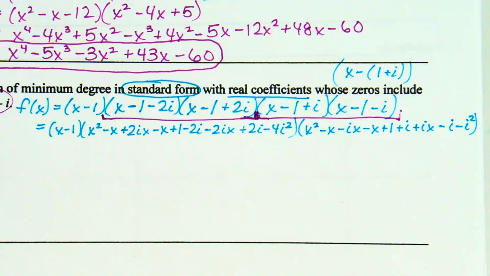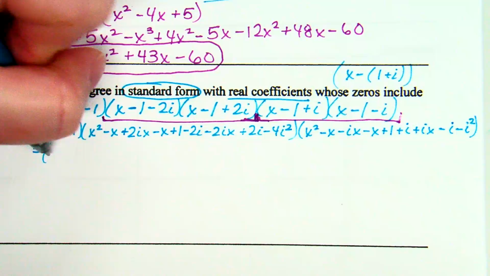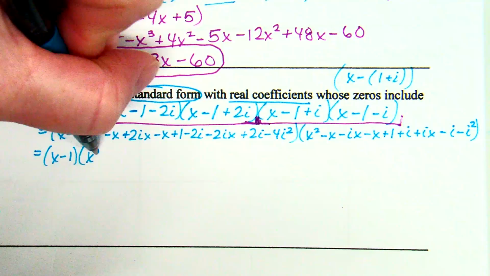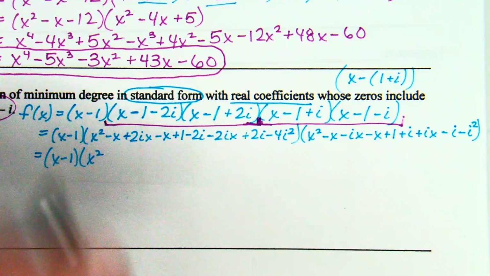Do some cleanup. My x minus 1, I'm just going to carry down. Okay, let's see. X squared should stay x squared. What do you see here? Minus x, minus x. Is that it? So minus 2x.